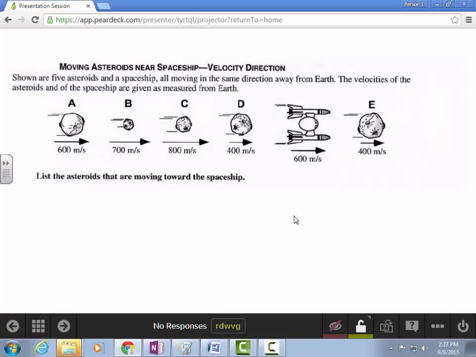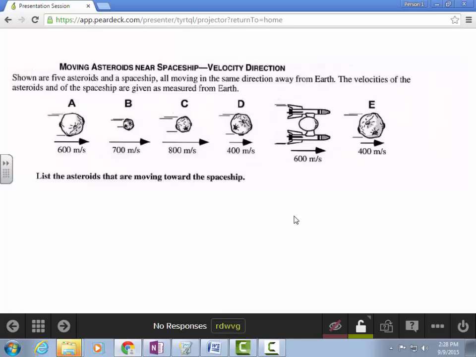Shown are 5 asteroids and a spaceship, all moving in the same direction away from Earth. The velocities of the asteroids and of the spaceship are given as measured from the Earth. Which asteroids are moving towards the spaceship? I'll give you a minute.